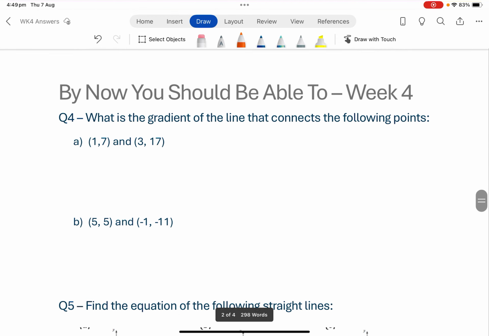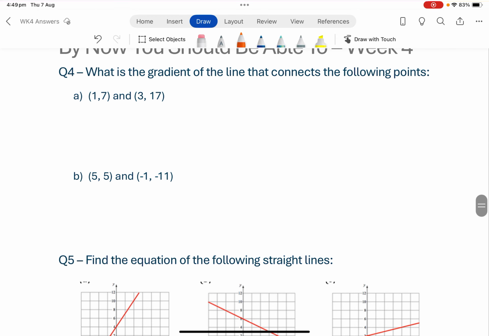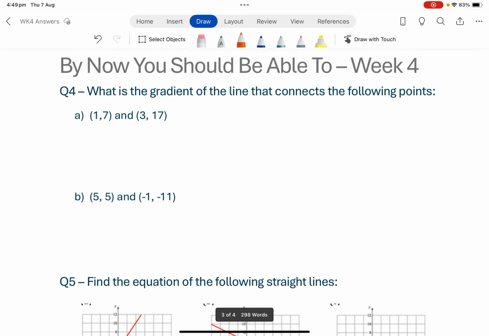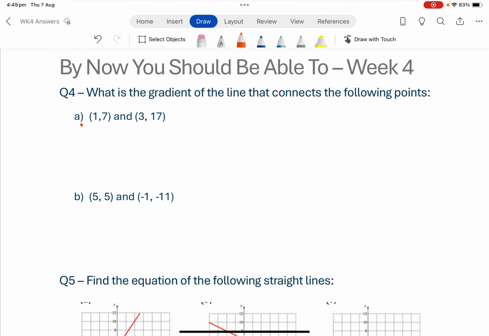Awesome. All right. We are on a good roll here. What is the gradient of the line that connects the following points? All right, if you guys remember with these ones, I want you to label the points. So x1, y1, x2, y2. Because remember, when we write a point like that, right, with a number here and a number here, this is the x value, this is the y value. So my first x value, first y value, second x value, second y value.